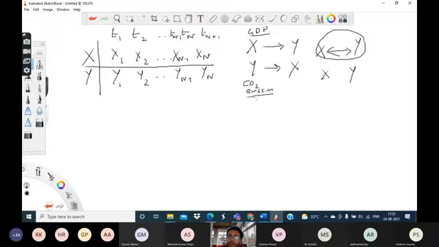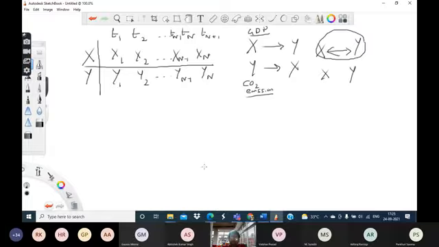Higher CO2 emission indicates higher growth of factories, higher growth of factories indicates more employment, more employment means more prosperity, and more prosperity means higher GDP. So there is a chain of events like this, which finally shows up as a relationship between y and x.